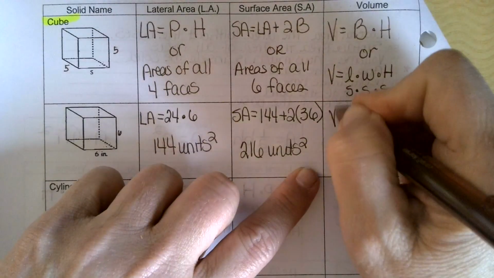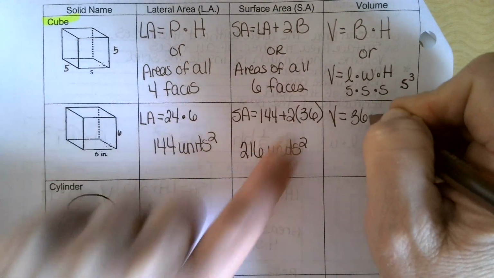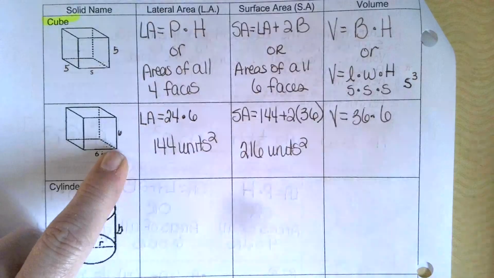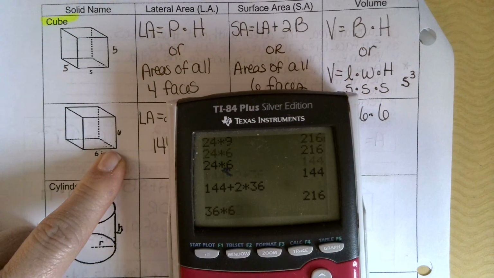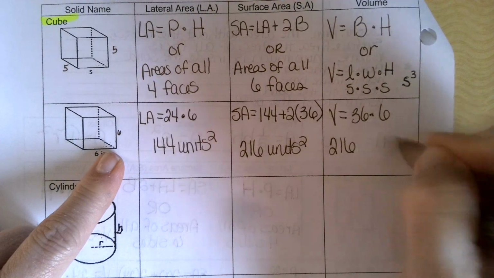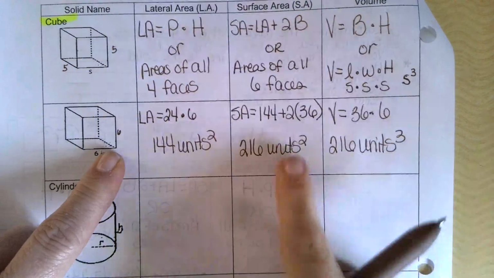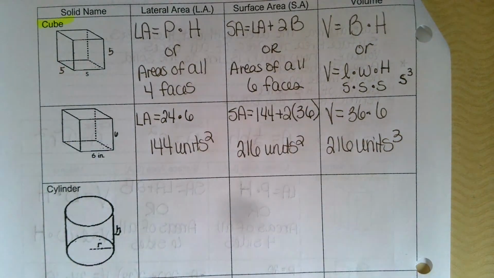And then volume is area of the base, which is 36, times the height, which is 6, which is again 216. 216 units cubed. And again, no relationship, it just happens.